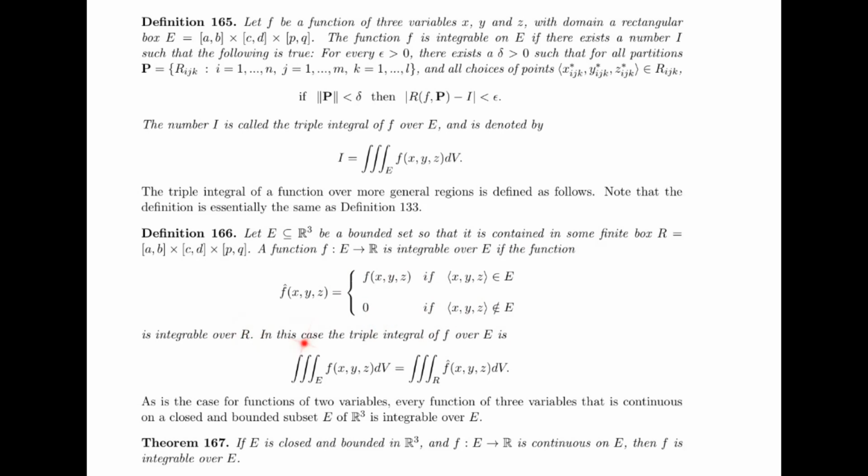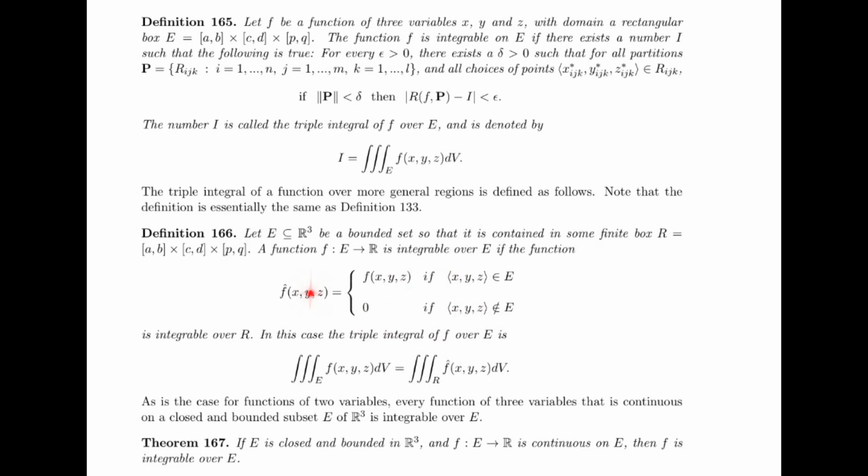And in this case, we have definition 165, which gives us conditions for integrability of such a function. So if this new extended function is integrable over the rectangular box, then we will call the original function integrable. So again, the idea is we have our function, we extend it so that it becomes a function defined on a box, and then we know what it means to be integrable.